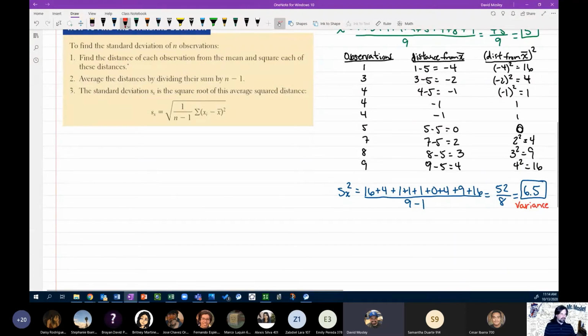The last thing here, right, is find the standard deviation is the square root of the average of squared distances. We don't need to use this weird looking formula, right? We already have the variance.